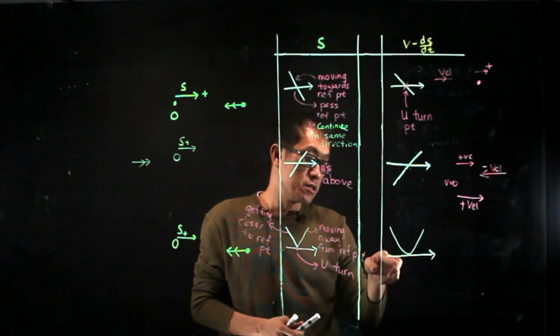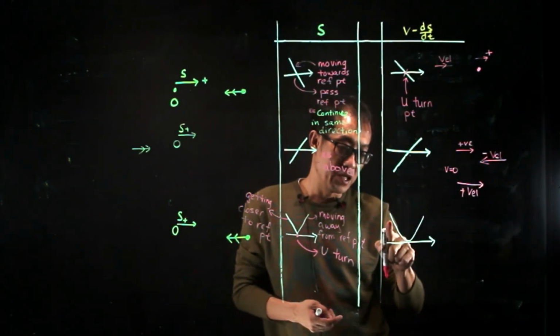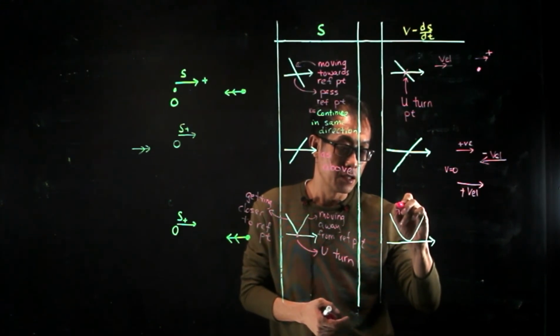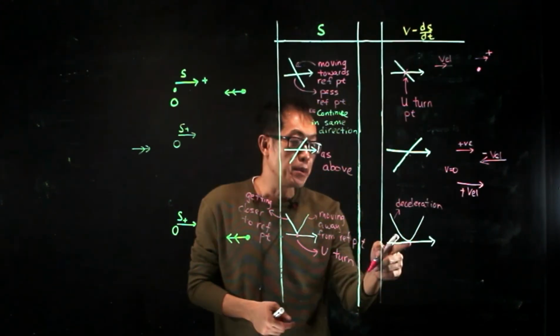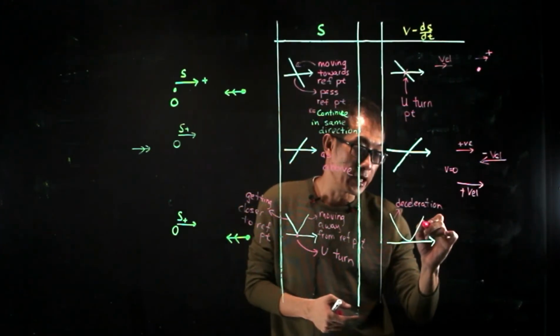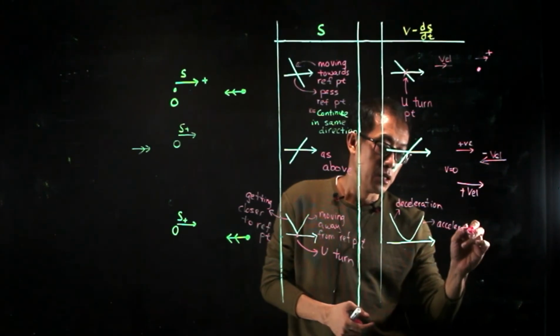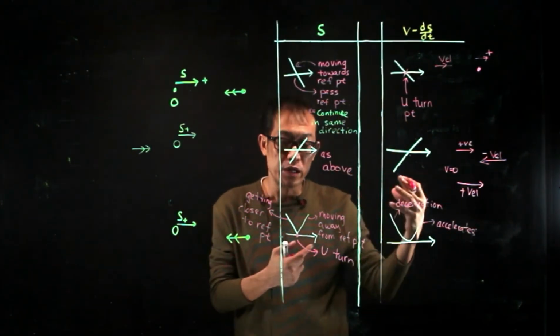Now how about this? You realize that over here the velocity is dropping, so this is a deceleration. Then it picks up speed again, then it accelerates. Now this is not a U-turn point with reference to the movement of the object.